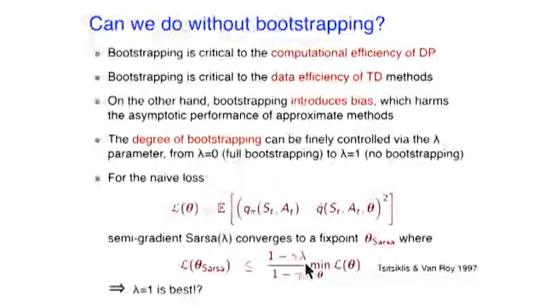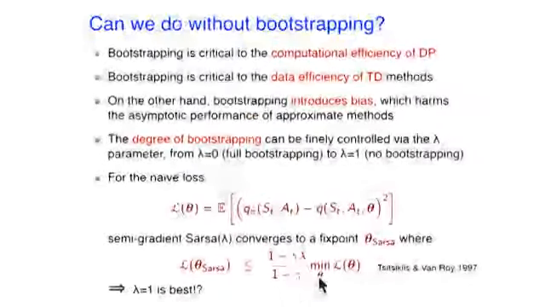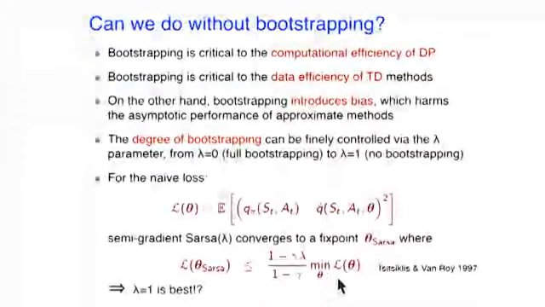If lambda is 0, like in Q-learning, and sarsa is 0, which is the ones I've shown you, then this is 1, this all goes away, and you just get 1 over 1 minus gamma. Gamma is near 1, so this is a big expansion. Maybe if gamma is 0.9, the error of our algorithm will only be guaranteed to be within 10 times the error of the best possible theta.